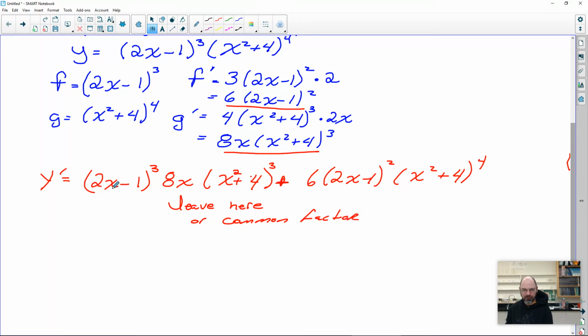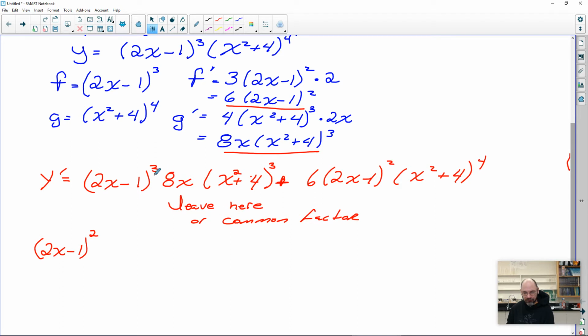So you notice that this one has (2x minus 1) squared here and a (2x minus 1) cubed. So you could take a (2x minus 1) out front to the power of 2, because that's the smallest one between the two addends here. This one has a 6, this one has an 8, so you could take a 2 out front as well. Okay, so if you're doing common factoring, you take (2x minus 1) squared out front.